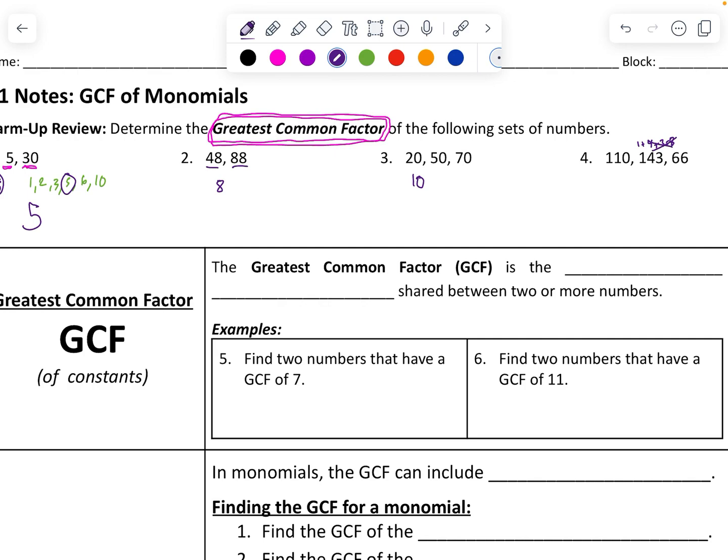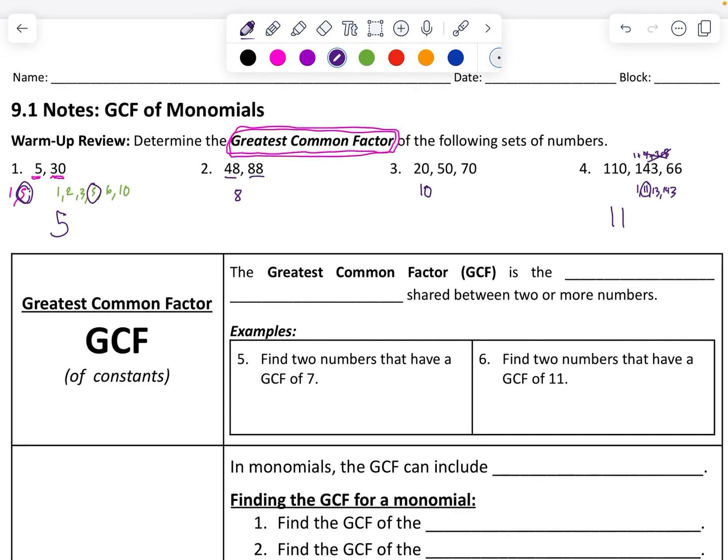So what the heck numbers do go into here? I had to consult my multiplication chart for this one. 143 was the one I didn't know, so I started with that one. 1, 11, 13, and 143. Those are the only things that go into 143. When I test that against the others, 11 actually goes into all of them. So that's a little bit of my thought process when I encounter a trickier problem like that.